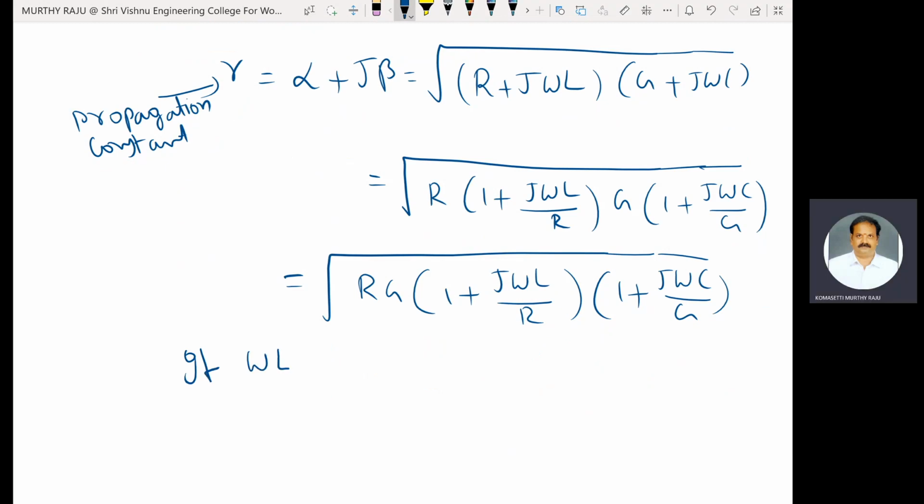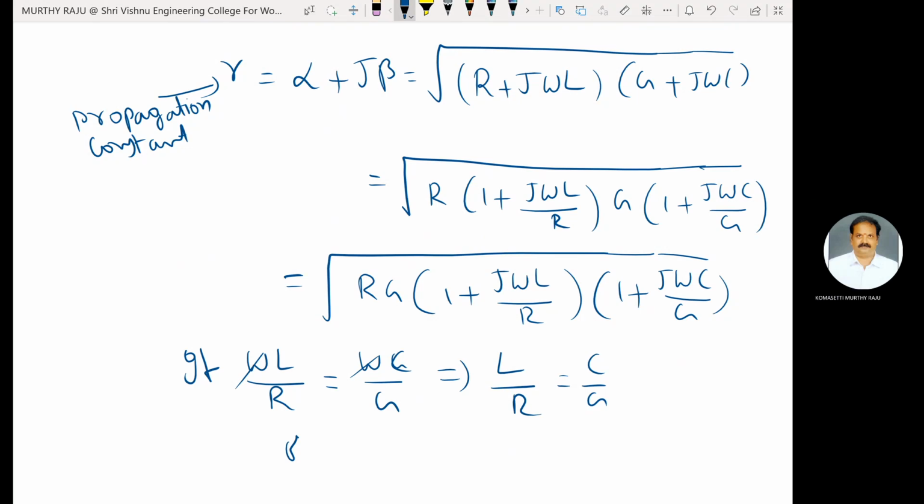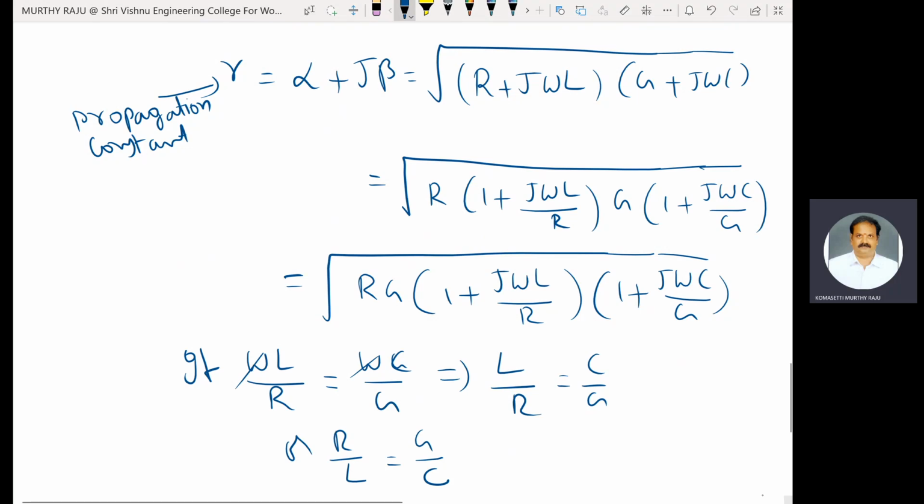If omega L by R is equal to omega C by G, omega is cancelled, therefore L by R is equal to C by G, or R by L is equal to G by C. Both are equal.